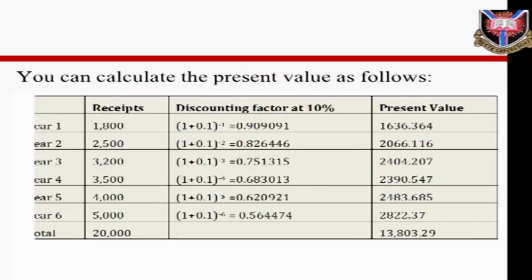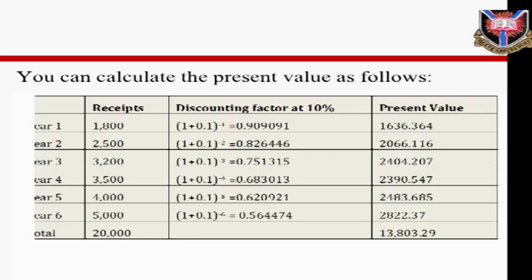You can calculate the present value as follows. Year 1, receipt 1,800. Discounting factor at 10%: 1 plus 0.1 in bracket to power 1, which gives us 0.909091. Present value 1,636.364.